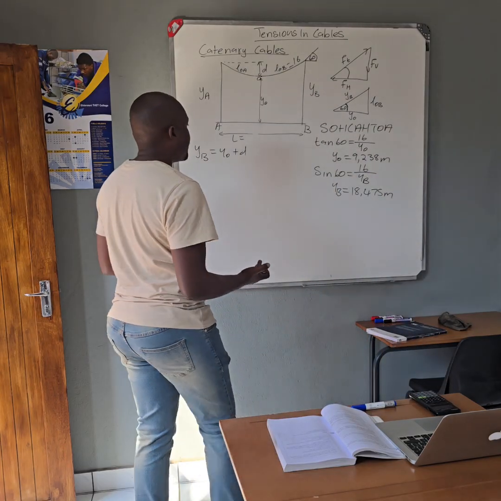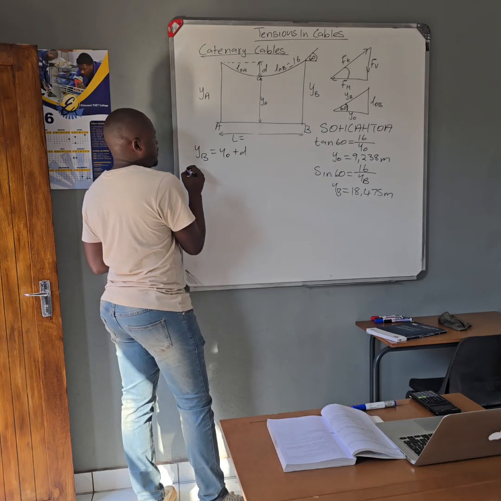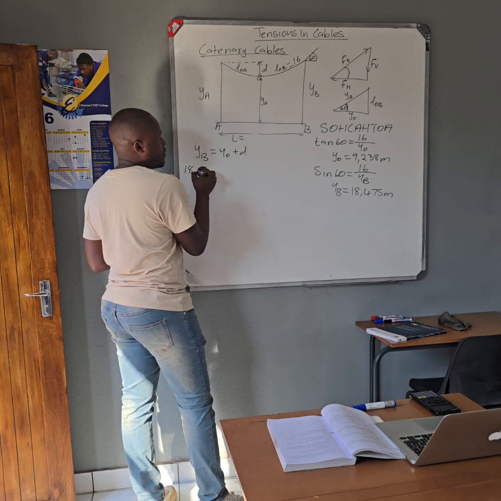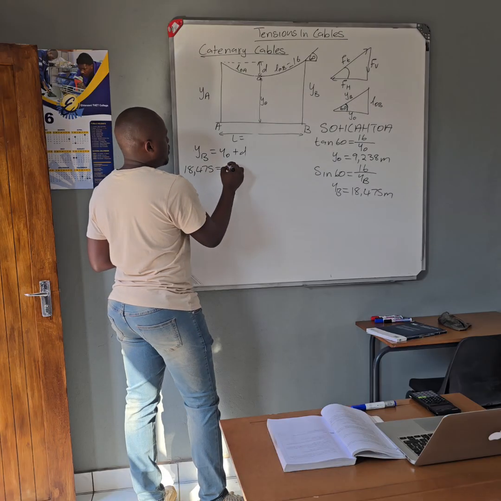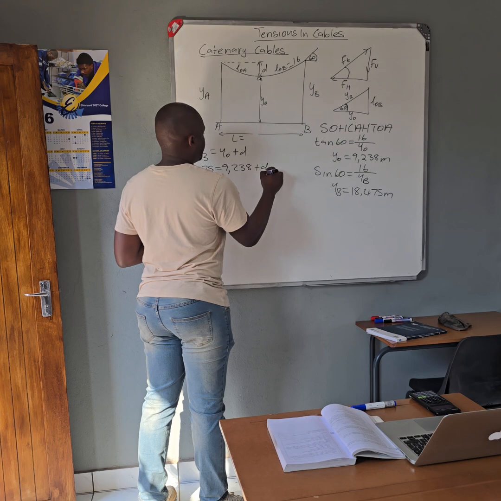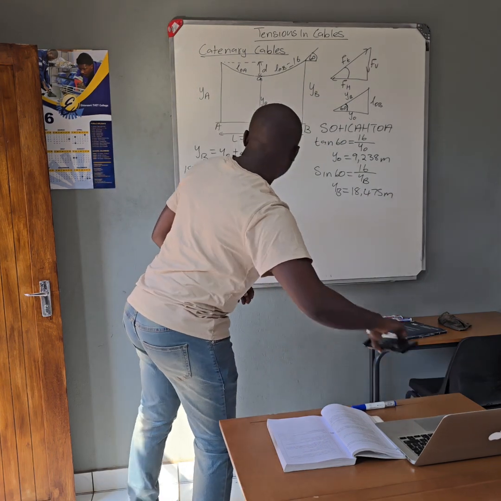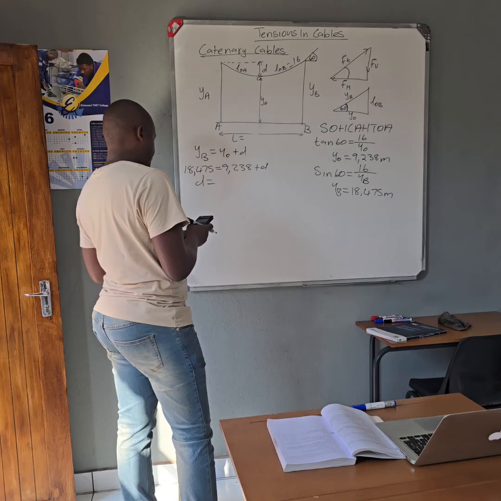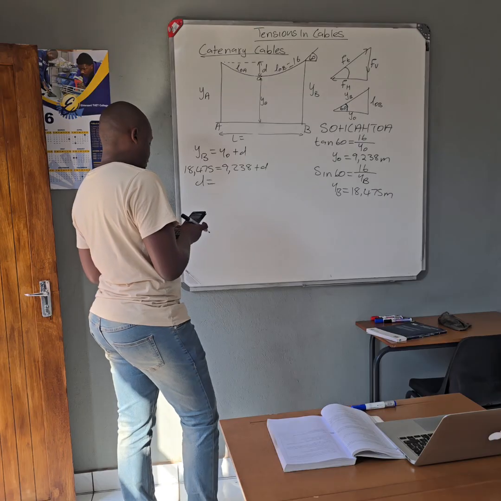Then now that we have YB, we also have YO. So YB is equals to 18,475. This is going to be equals to YO, which is 9,238, plus D. Then we minus. 18,475 minus 9,238.